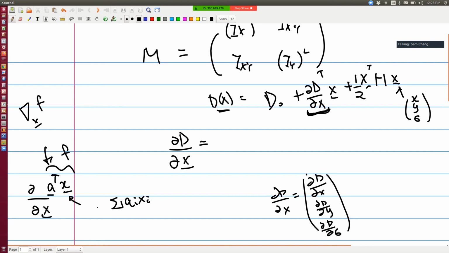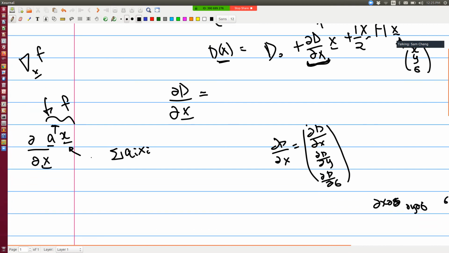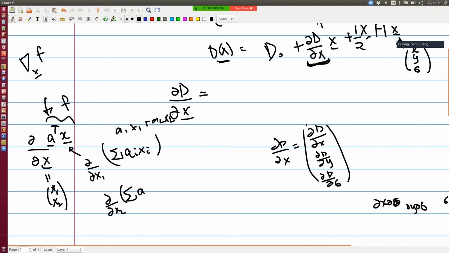If I take the partial derivative of this, or the gradient of that, it's partial x1, and then partial x2. Let's say x is x1, x2, just for simplicity, just 2D here.